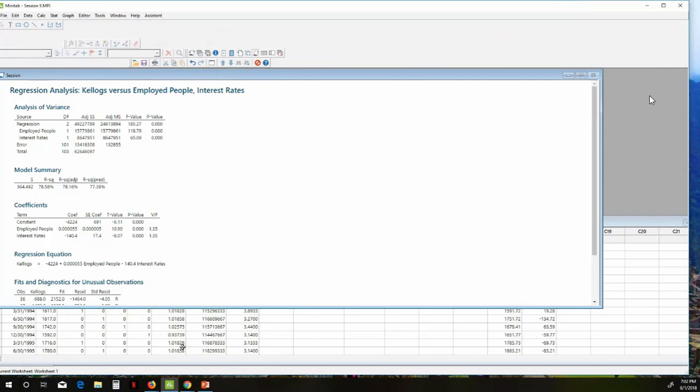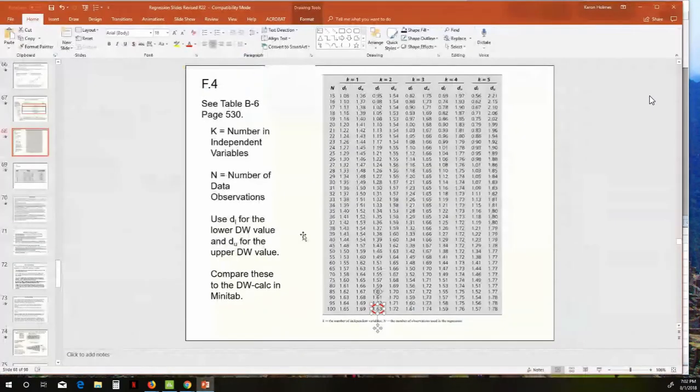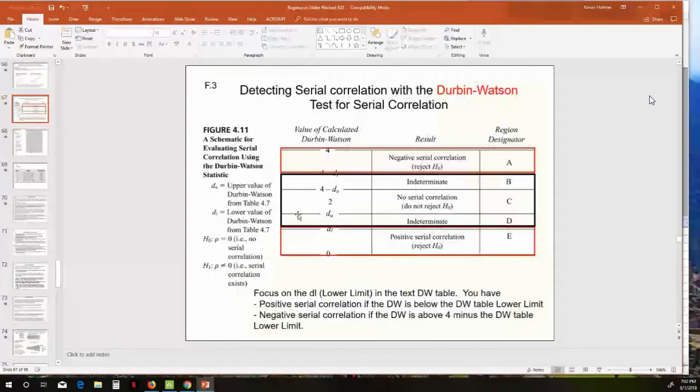So we have to max out that table in terms of the number of observations. Look down the side, it's over 100. So we're right here. And we have 2 K variables, 2 variables. And it gives us 1.63 that we have to be greater than. Remember, the lower limit now is 1.63.